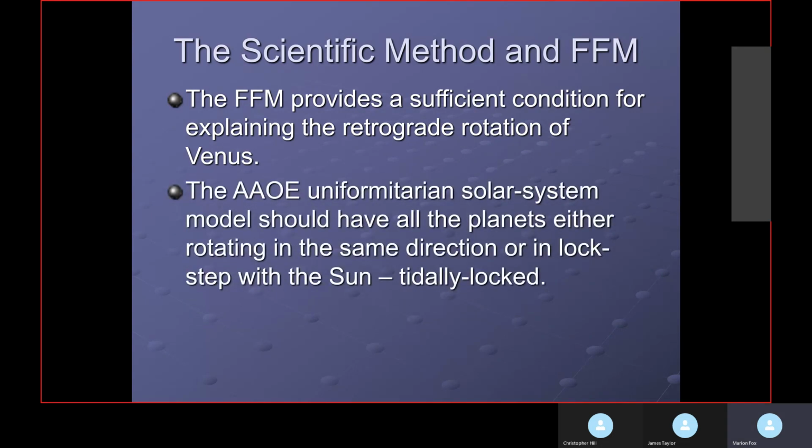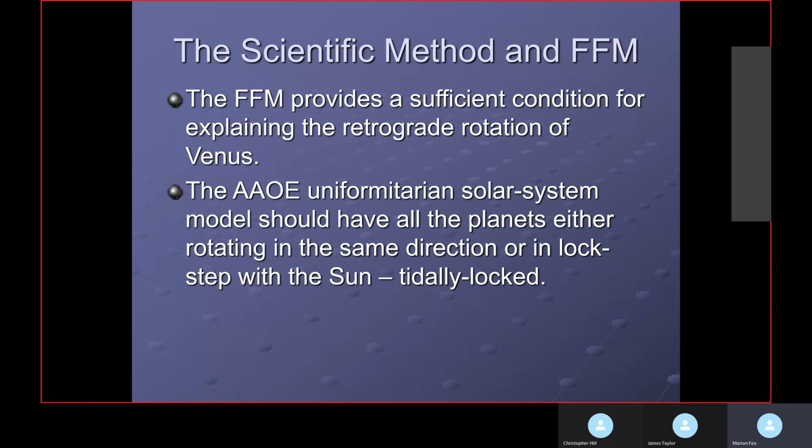What about the old atheist, agnostic, old Earth, uniformitarian solar system model? It should have all the planets either rotating in the same direction or in lockstep with the sun. That's called tidally locked. The moon is in lockstep, or in tidal lock with the Earth. It keeps the same face to the Earth at all times. And so that's tidal locking.